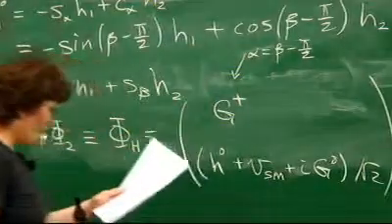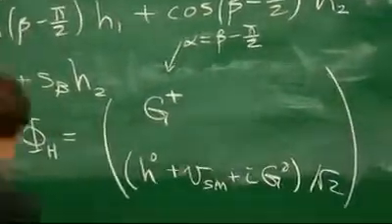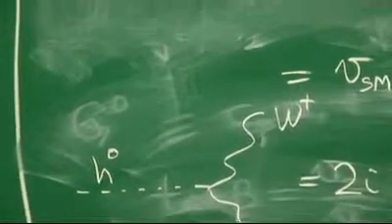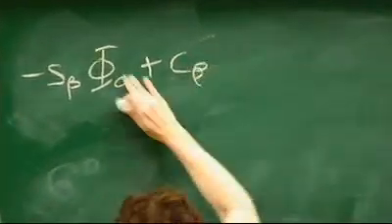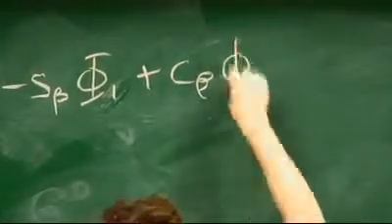Okay? And the orthogonal doublet, so minus sine beta phi 1 plus cos beta phi 2.